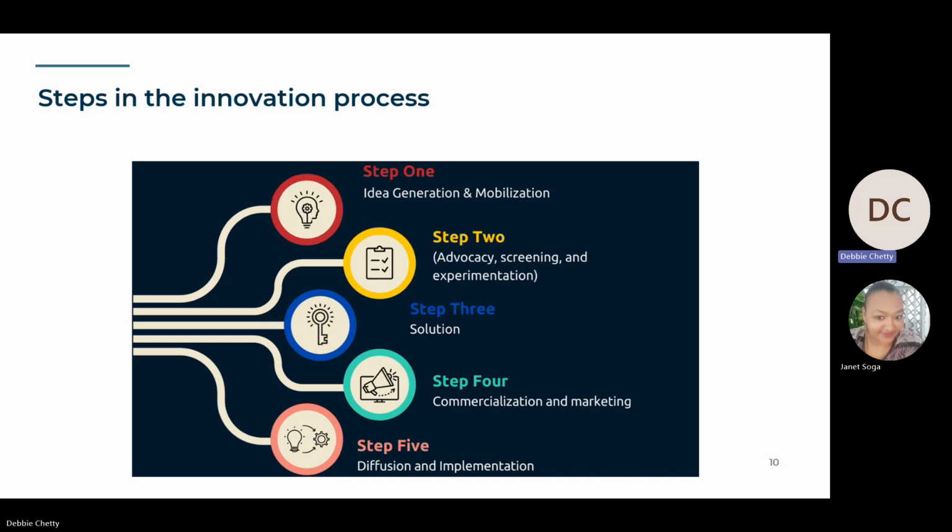Step two is advocacy and screening, right? So advocacy and screening helps to evaluate the feasibility of a business idea with its potential problems and benefits. So hence a decision can be made about an idea's future. Companies looking to develop a culture can establish a few best practices, okay?